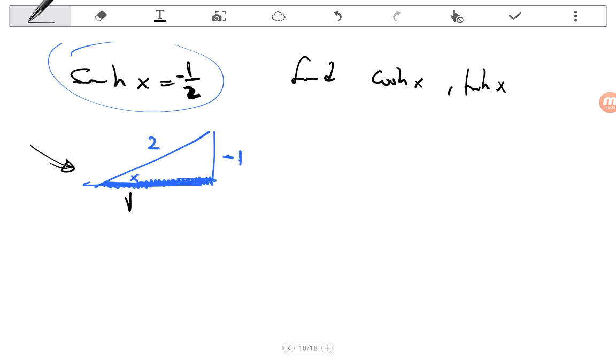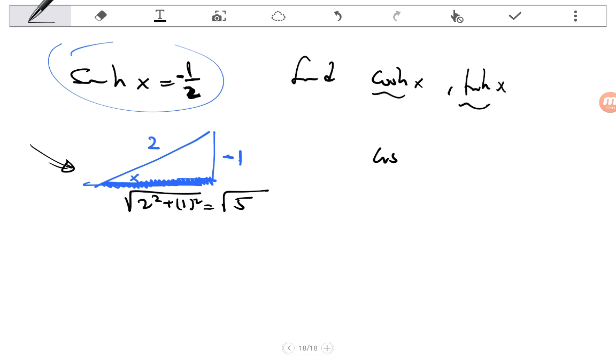So in this case, that will be the square root of 2 squared plus 1 squared. It is fake, it is not correct, but it will give me the correct answer for the cosine and tangent. So that will be the root of 4 plus 1, which is root 5.